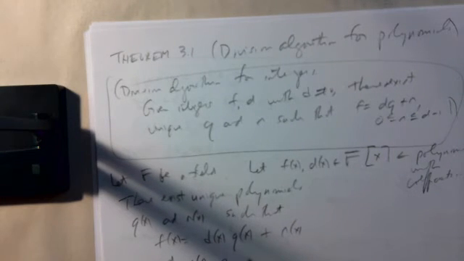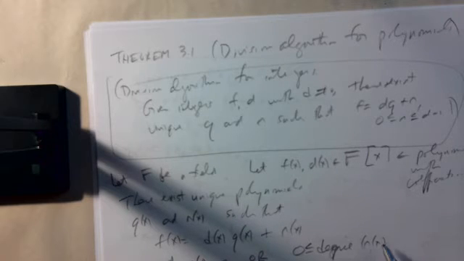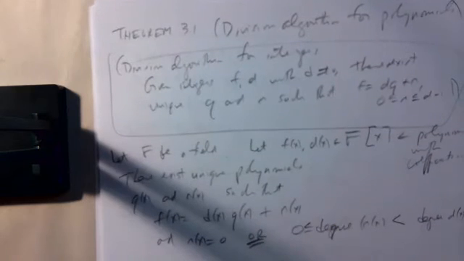Either r of x is 0, or, if r of x is not 0 so it has a degree, the degree of r of x is strictly less than the degree of d of x. That's the division algorithm for polynomials. So it's just long division, which you're supposed to know.